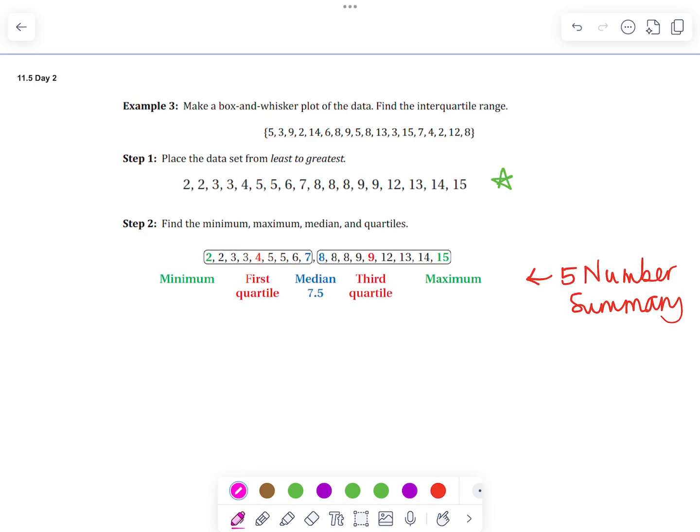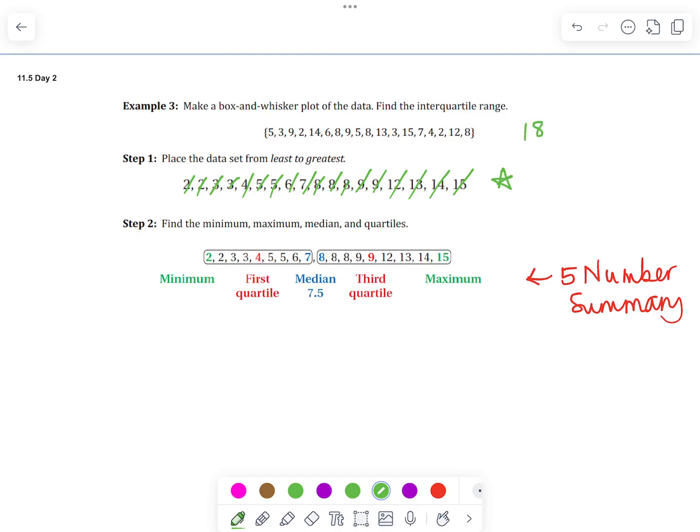So we first find the median. If we look at how many data points there are, there's 18.